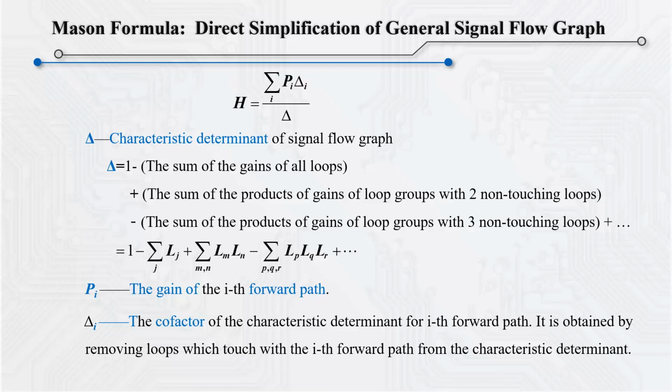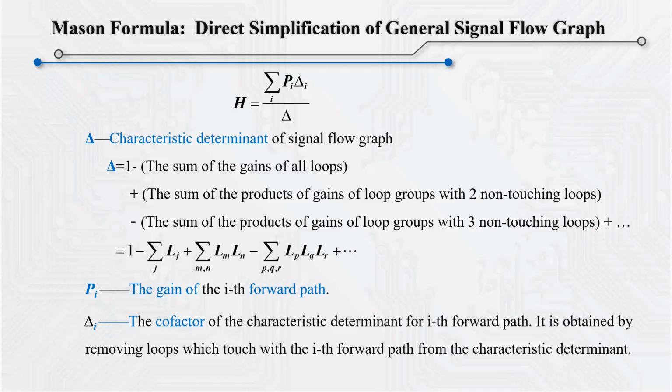Next, let's look at another way to simplify any type of signal flow graph directly, which is the Mason formula. The Mason formula is made simply of the denominator and numerator. The denominator delta, we call it the characteristic determinant of the signal flow graph, is formed by the following items. 1 minus the sum of gains of all loops, plus the sum of the products of the gains of every group with two non-touching loops, and then minus the sum of the products of the gains of each group with three non-touching loops.